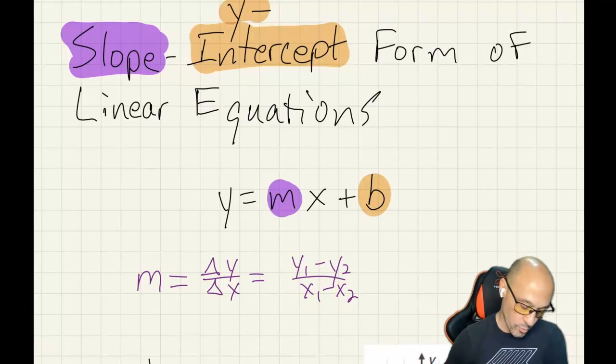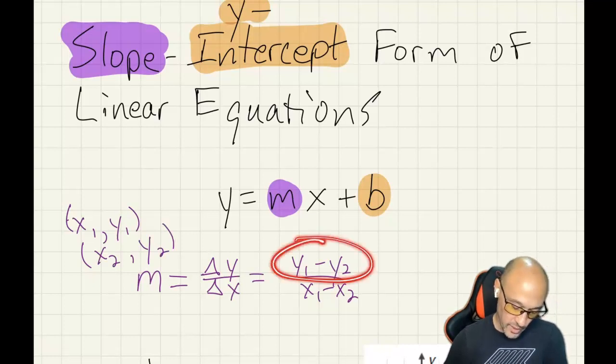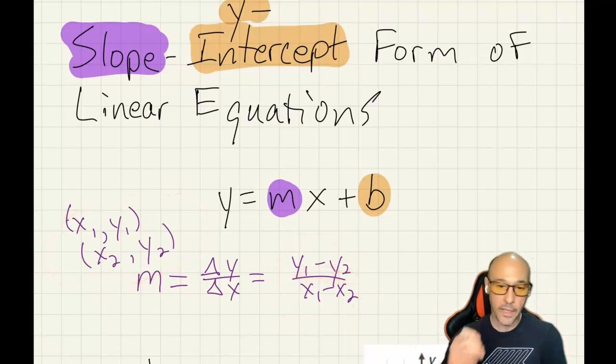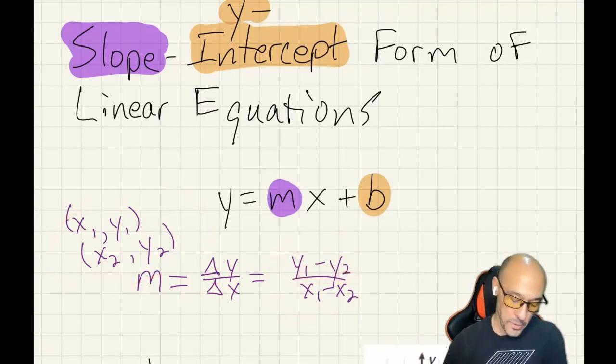So that's given 2 points, x1 and y1, that's one of the points, and the other point would be x2 and y2. So the values here come from those 2 points. And so that's how we calculate slope.